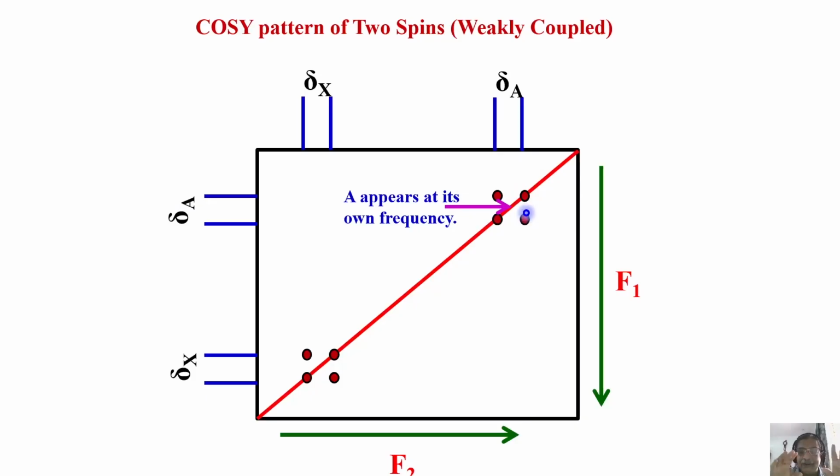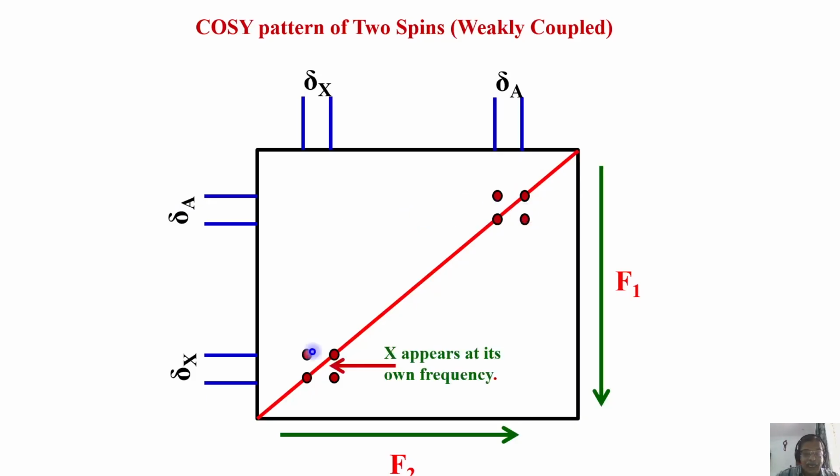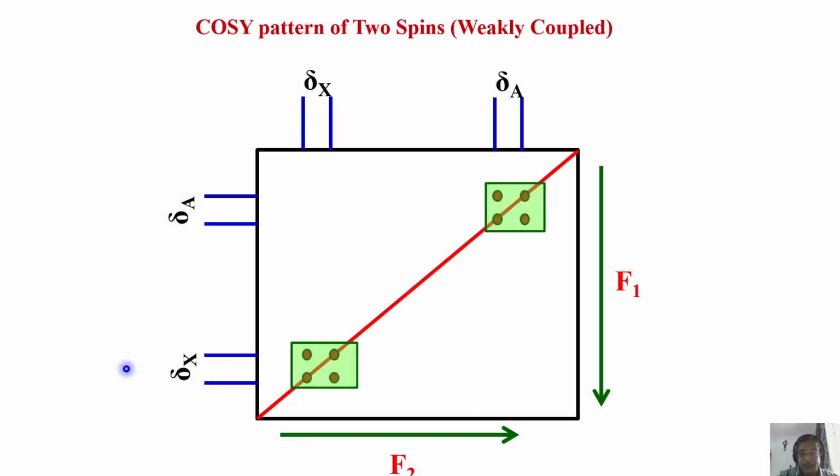This is a diagonal peak. Now similarly X also appears at its own frequency, because the precessional frequency of X remains the same both in T1 and T2 dimensions. Fine. Now if you look at this, there are cross peaks between them.